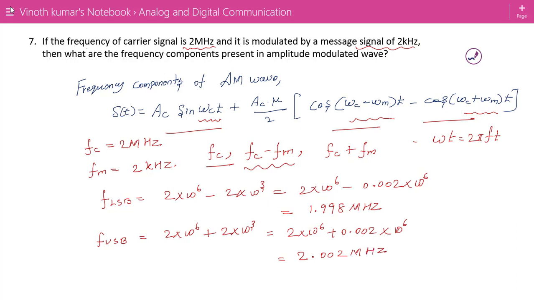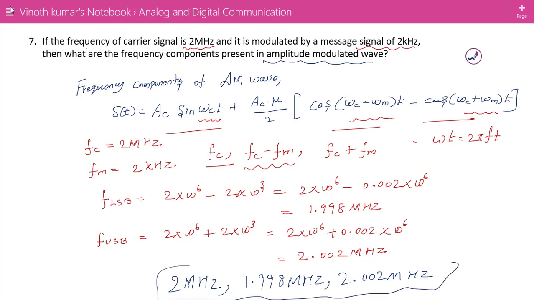So what are the frequency components in the amplitude modulated wave? We have fc, that is 2 megahertz, the lower sideband of 1.998 megahertz and the upper sideband of 2.002 megahertz. So these are the three frequency components present in the amplitude modulated wave.